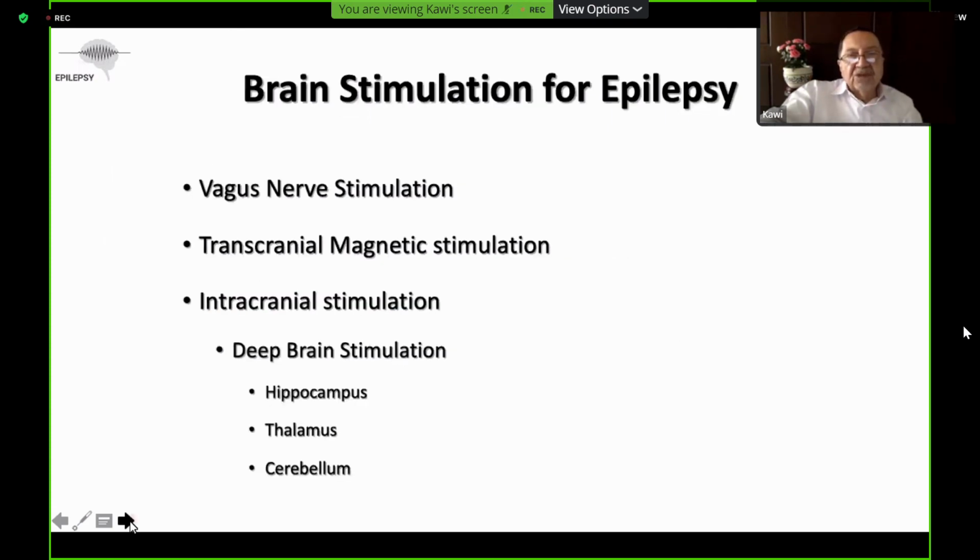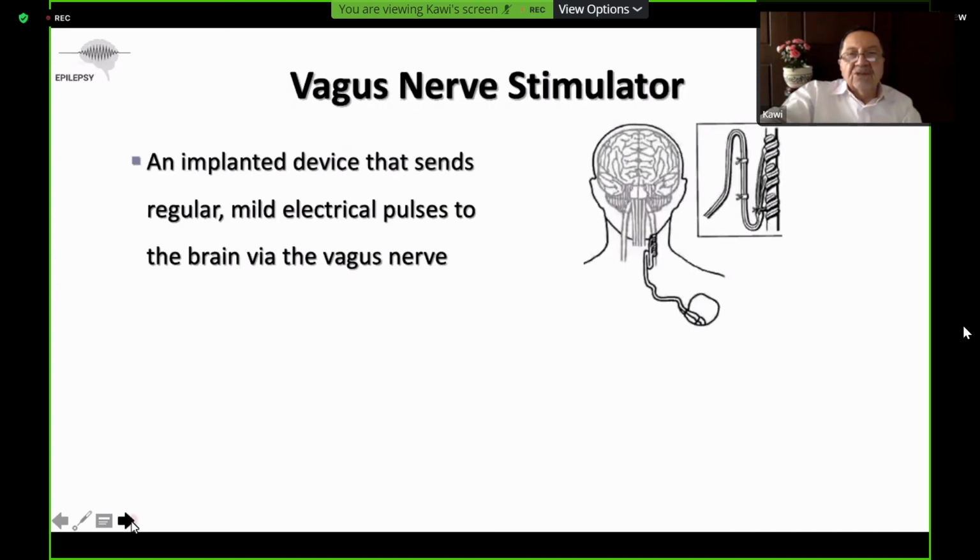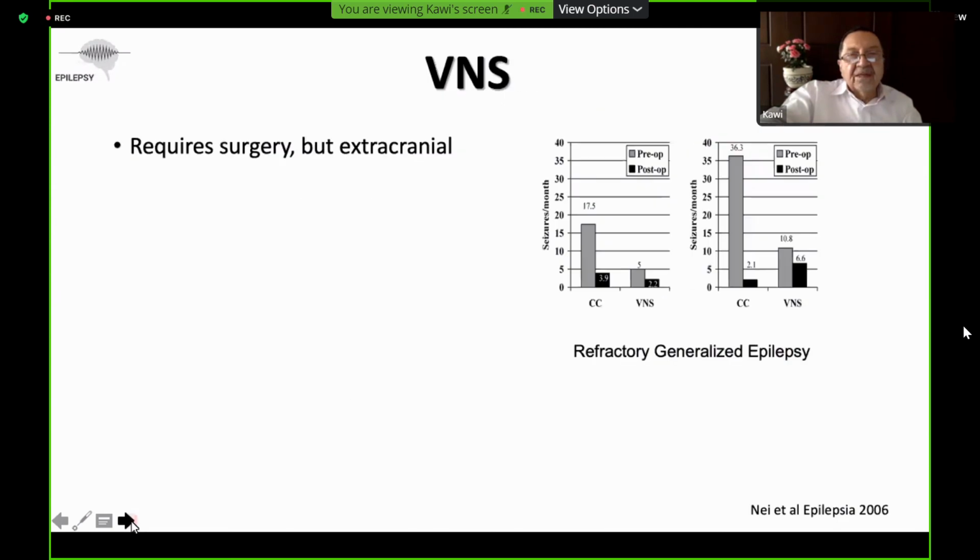Brain stimulation rarely can be resorted to by vagus nerve stimulation or transcranial magnetic stimulation or intracranial stimulation by inserting electrodes for deep brain stimulation. This is the vagus nerve stimulator, and maybe also activated by an external magnet.